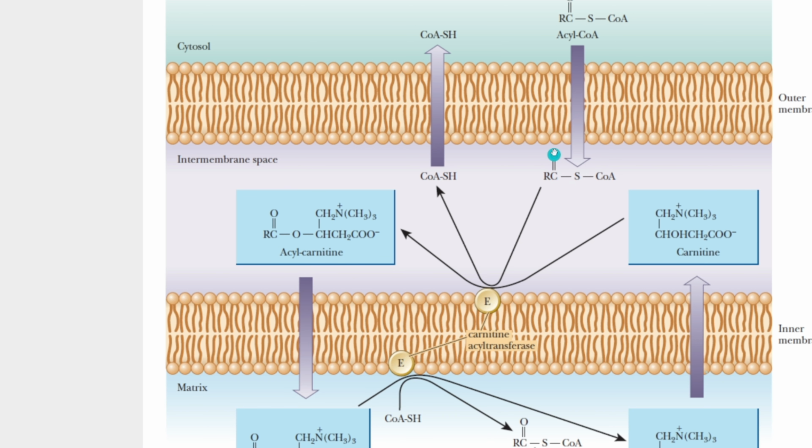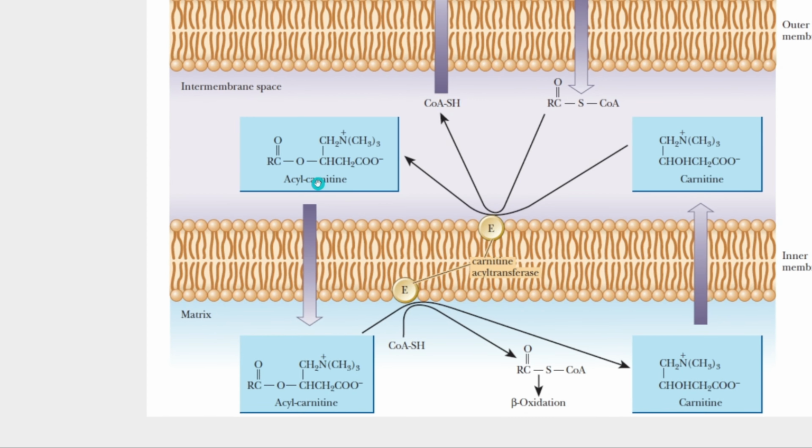The alkyl group reacts with the carnitine to form alkyl carnitine and release coenzyme A. The coenzyme A is released and will return back to the cytoplasm. So this alkyl carnitine, containing the fatty acid chain, the long hydrocarbon chain, is able to pass through the inner membrane.